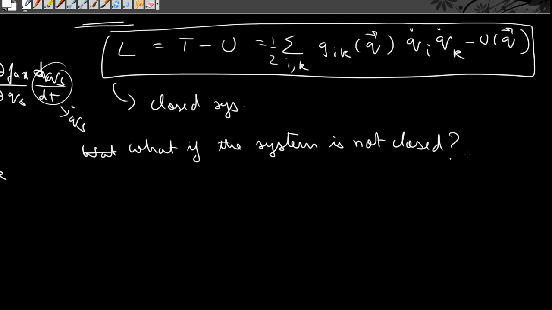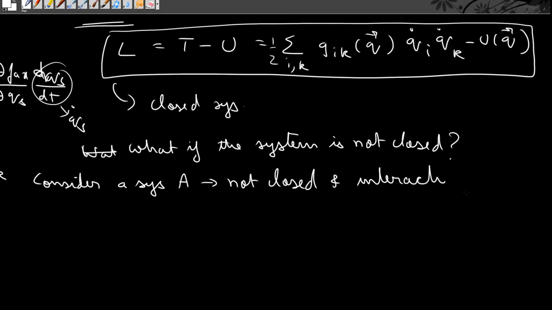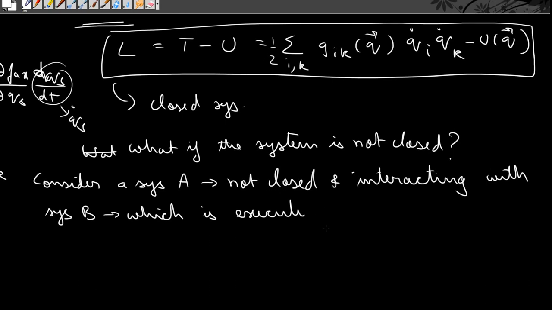To understand this, let's consider a system A, which is not closed and therefore interacting with system B, which is executing a given motion.